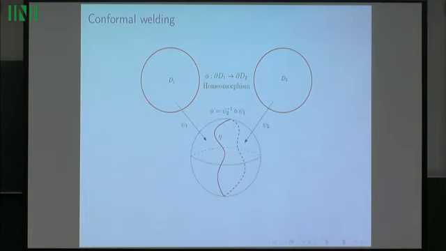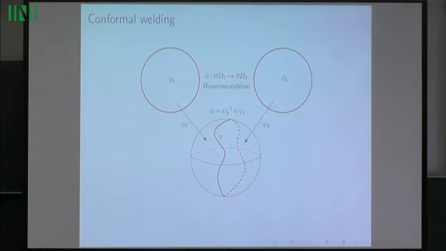More precisely, we would have two conformal maps, psi1 and psi2, from D1 and D2 respectively to the Riemann sphere, so that their interface is a loop such that psi2 inverse composed with psi1 is exactly this homeomorphism phi.